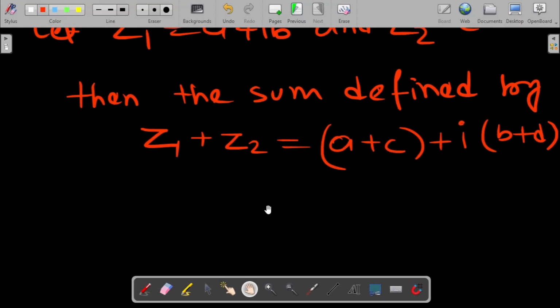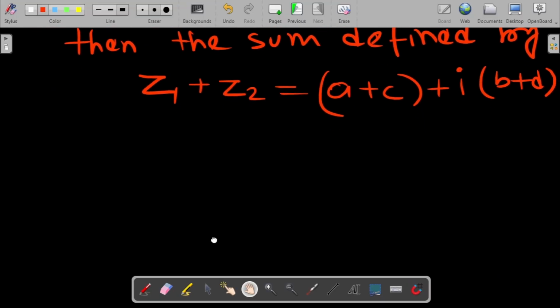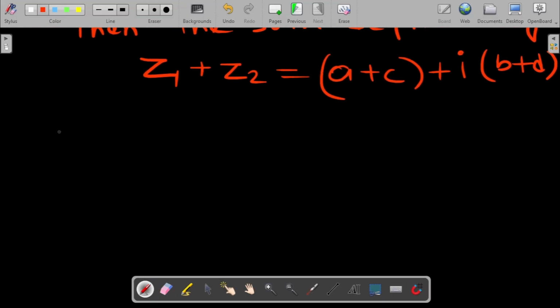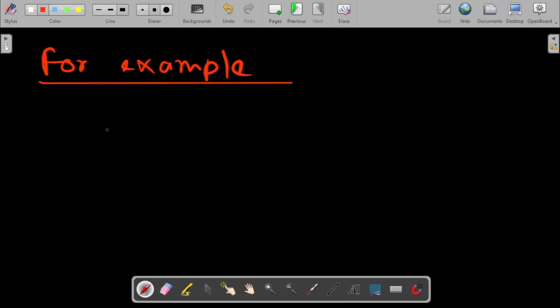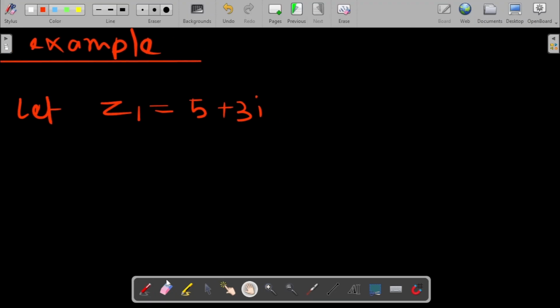Now let's understand with one example. Let Z1 equal to 5 plus 3i, and Z2 equal to 2 plus 11i.